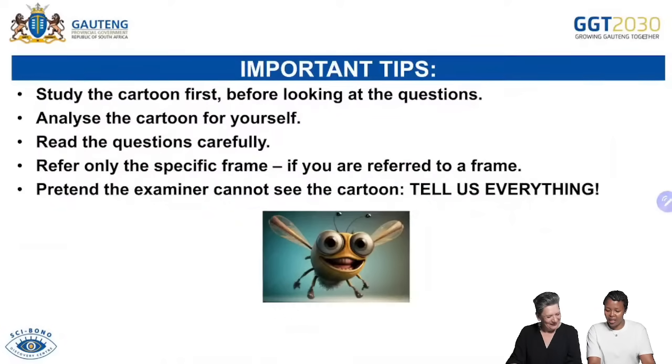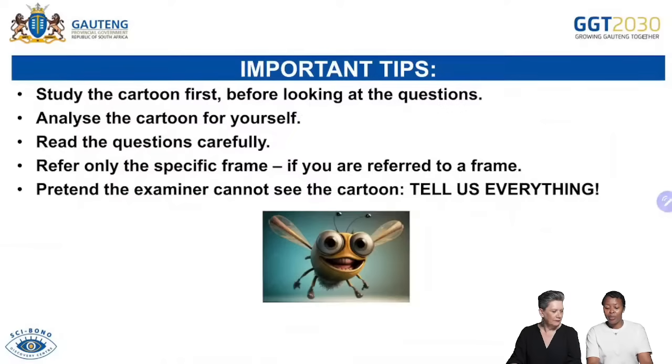And an important tip is to study the cartoon first before looking at the questions. Analyze it for yourself. Read the questions carefully and refer only to the specific frame if you are referred to it. So you don't look at frame number 2 when you've been guided to look at frame number 1, unless it says refer to the cartoon as a whole, then only can you look at it as a whole.